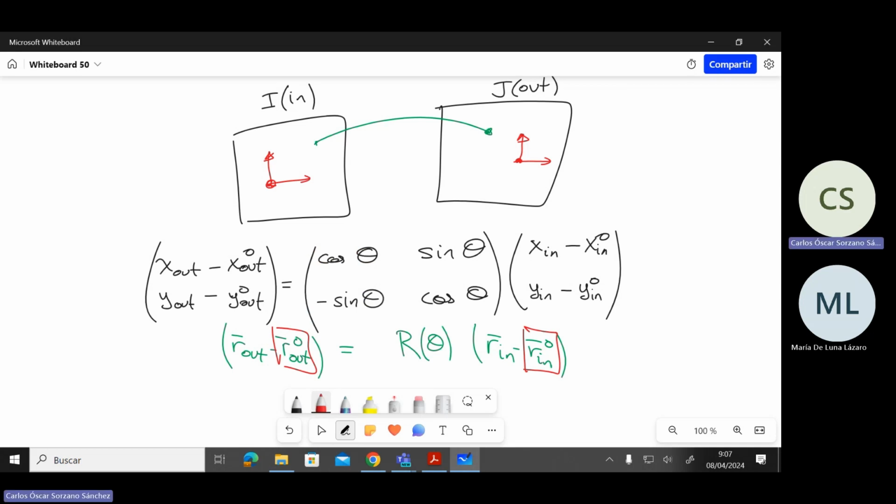When you choose an origin to rotate, now you rotate, so that any coordinate is rotated with respect to this origin. And we have seen this structure several times before.